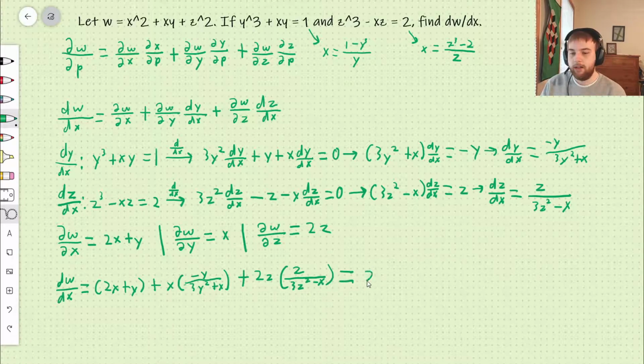This can be rewritten as 2x plus y minus xy over 3y squared plus x, plus 2z squared over 3z squared minus x.